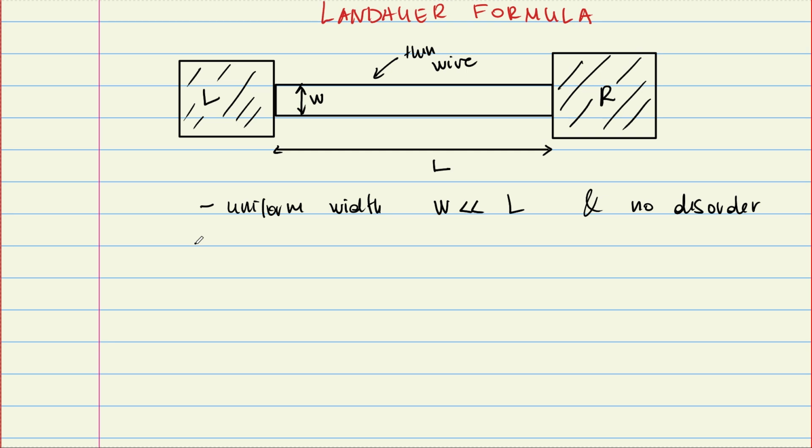And we also allow no inelastic process, no phonons, no electron-electron interaction, and we need L much bigger than W so that we have a quasi 1D wire.